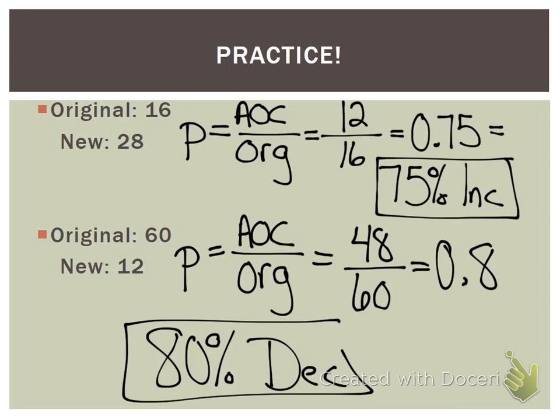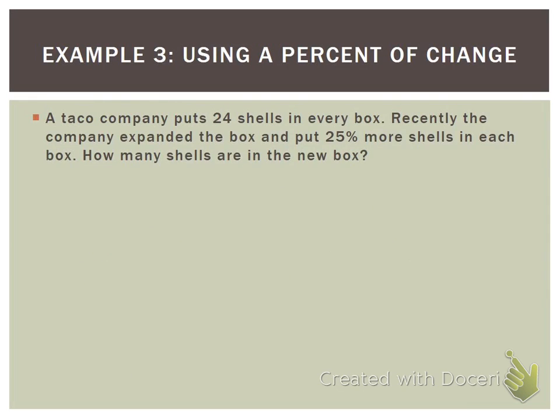Okay, good. Now in example 3, it's not so clear cut. It says a taco company puts 24 shells in every box. But recently, the company decided to expand the box by 25%. How many shells are in the new box? You still have to use percent of change, but you have to figure out how many shells is 25% of the original.